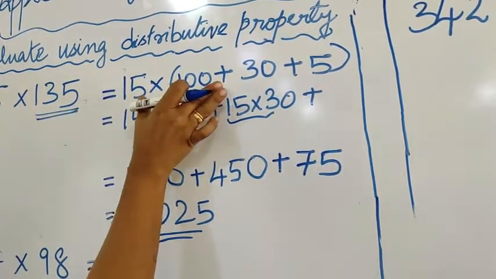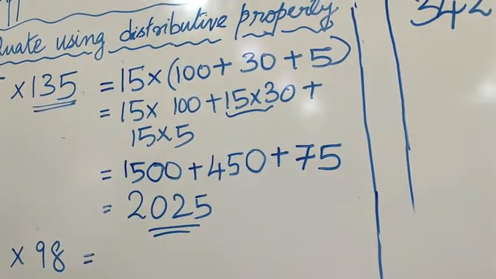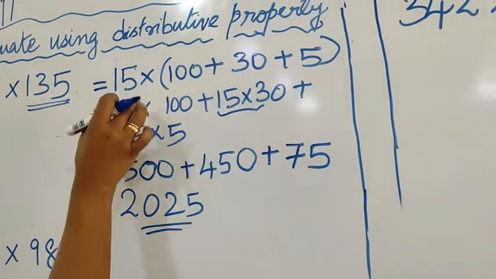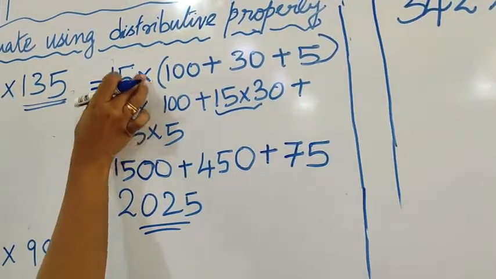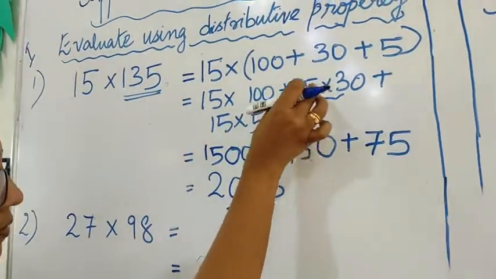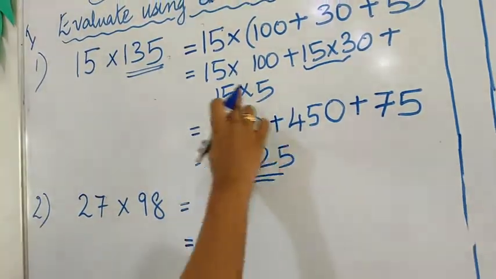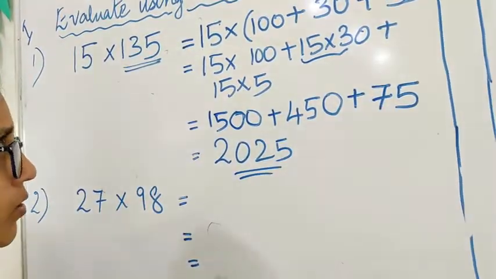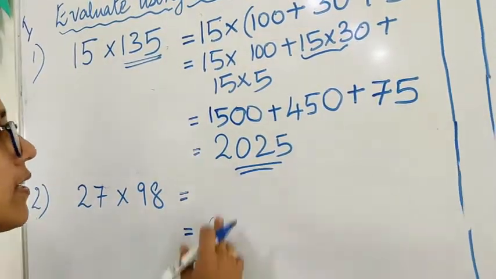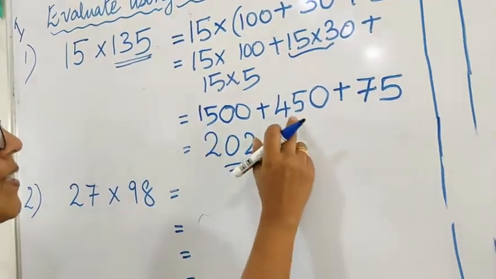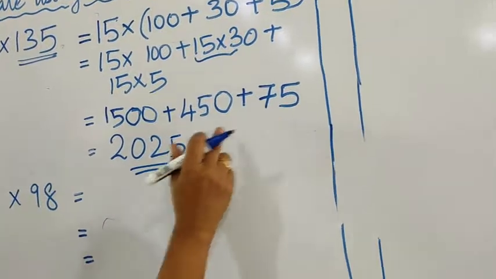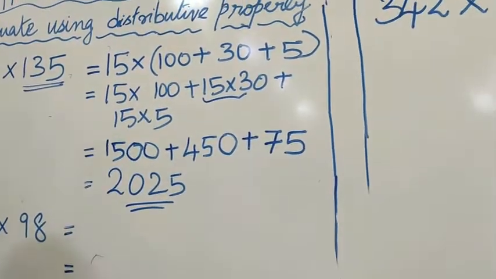But now this is in the form A into B plus C plus D. So 15 into 100 plus 15 into 30 plus 15 into 5. Then when you have done all those operations, you got 1500 plus 450 plus 75, which is equal to 2025.